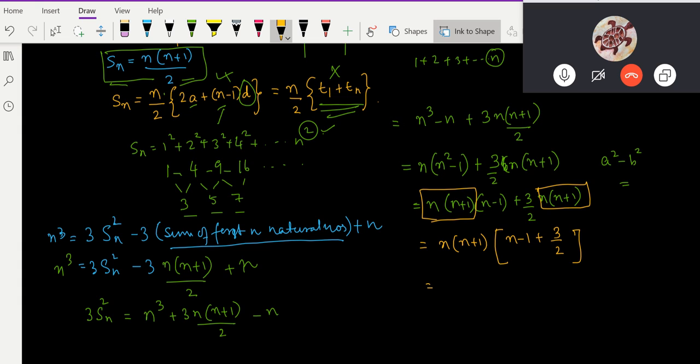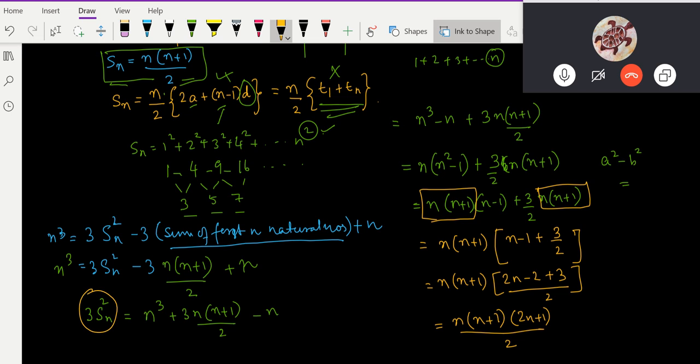So this is n into n plus 1 into 2n minus 2 plus 3 over 2, which is n into n plus 1 into 2n plus 1 by 2, and this is equal to 3 Sn square.